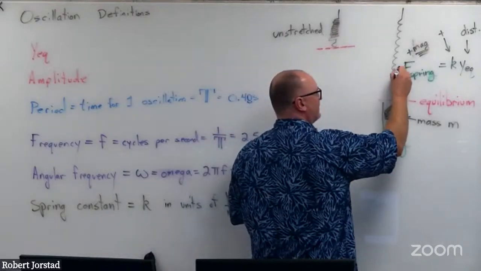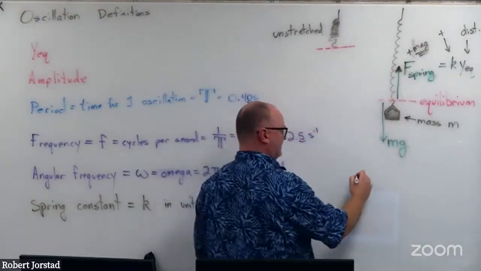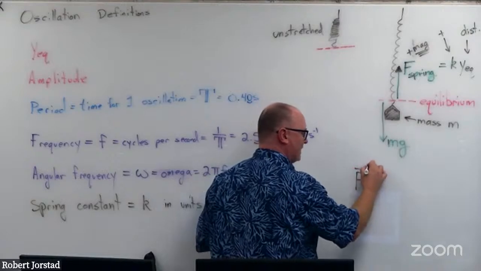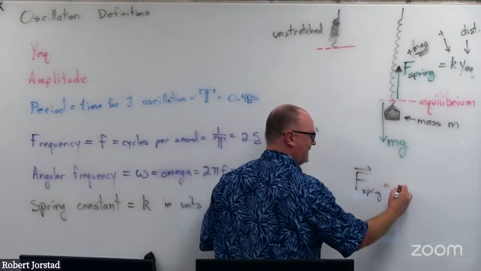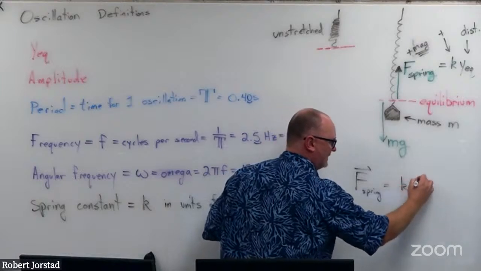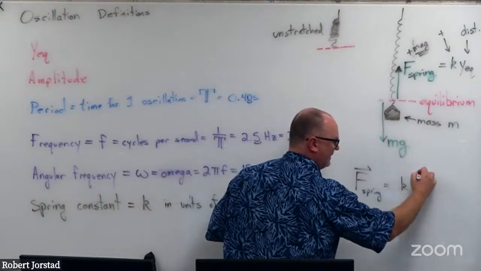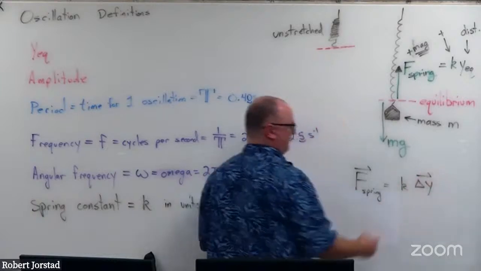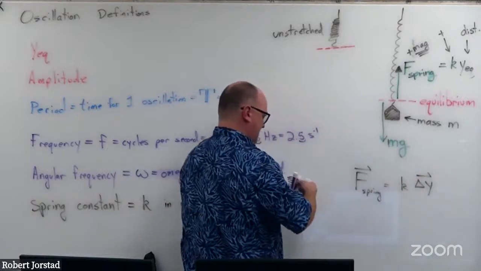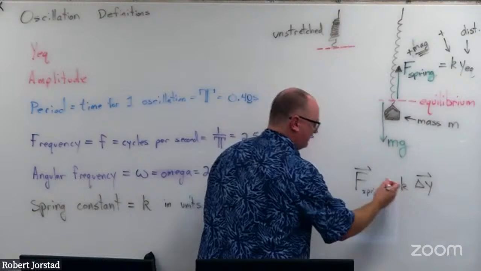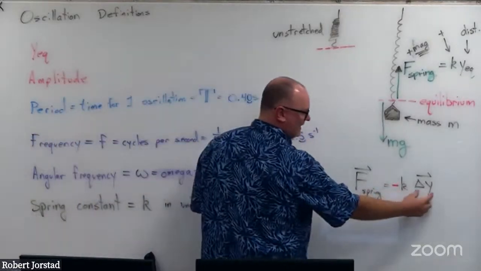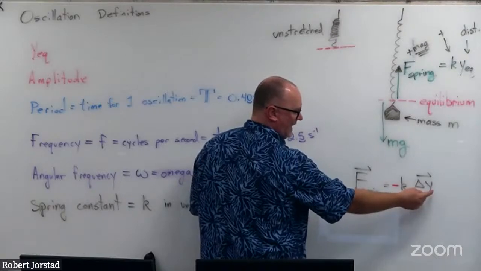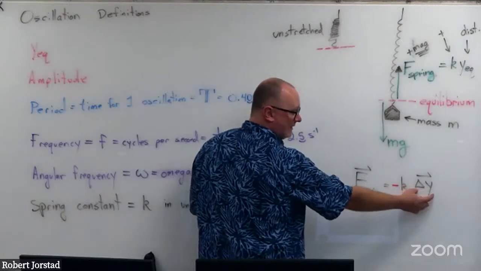So if I tried to be maybe a little bit more rigorous on this, I could say the force due to the spring as a vector is equal to K times the displacement of the spring as a vector with a minus sign. Now think about this. The displacement of the spring is downward, so delta y as a vector is negative.